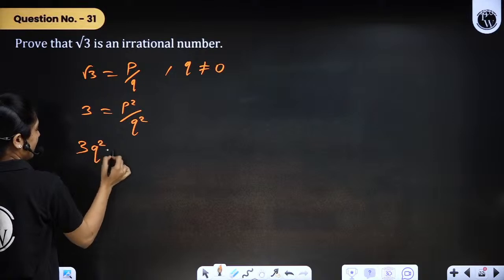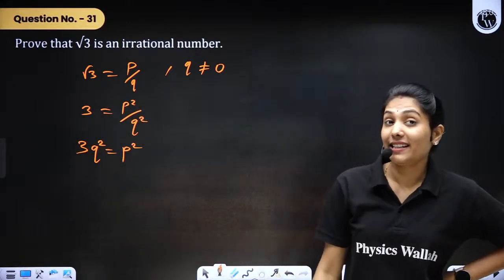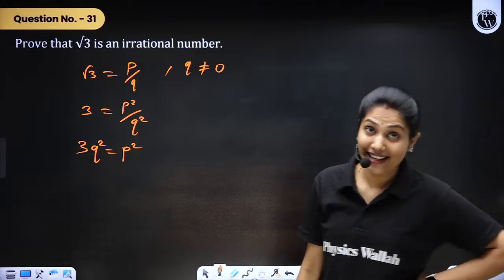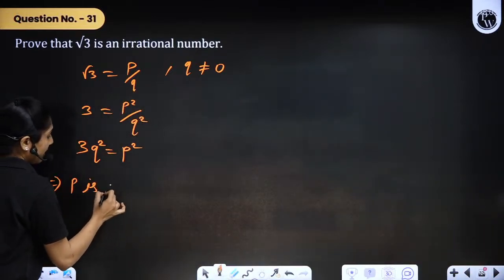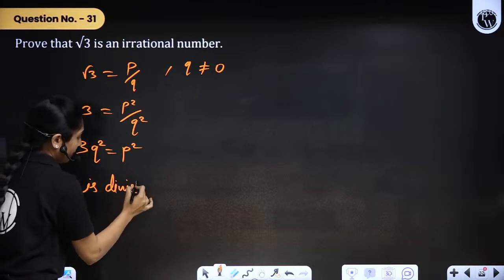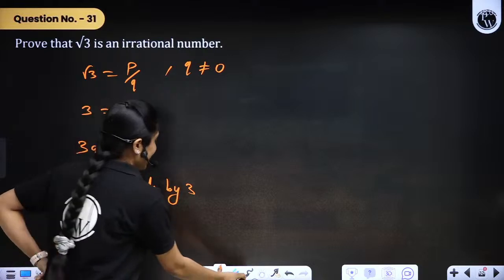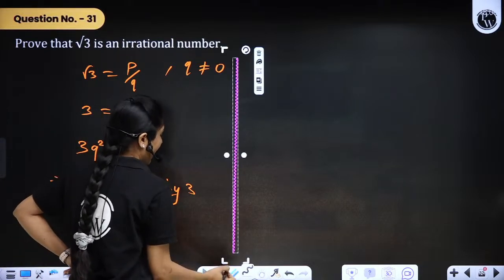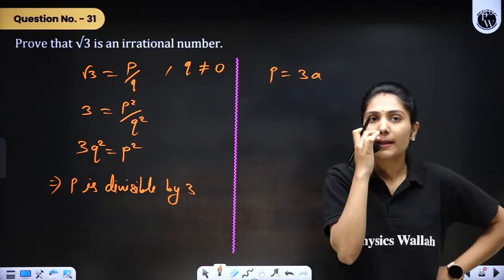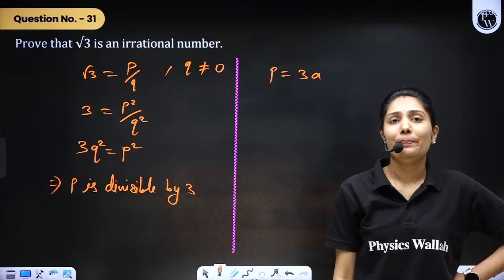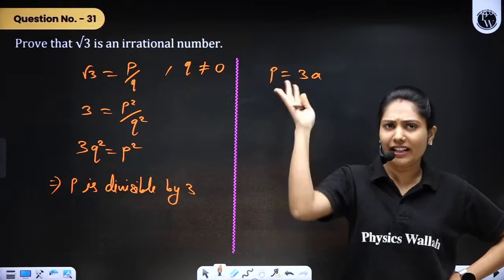3q square is equal to p square, which means p is divisible by 3. Correct? Now, since p is divisible by 3, I can consider p as 3 times a. Can I consider it as 3 times a or any other constant like n, m, whatever you want to take?